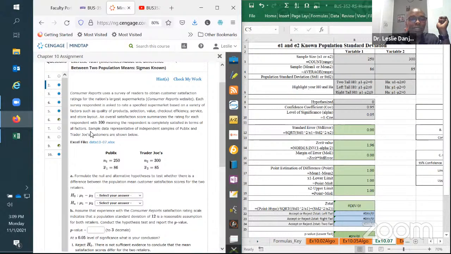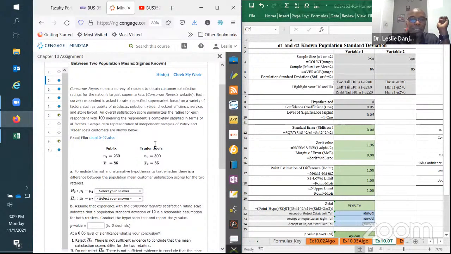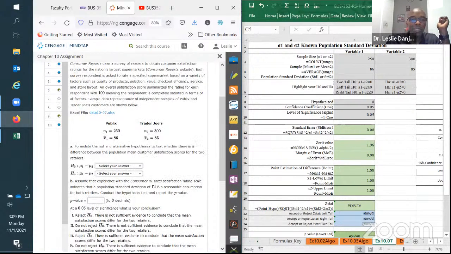Okay, here is my population standard deviation. Assuming experience with consumer reports, the population standard deviation of 12 is a reasonable assumption for both retailers. So both of them have 12, with 0.